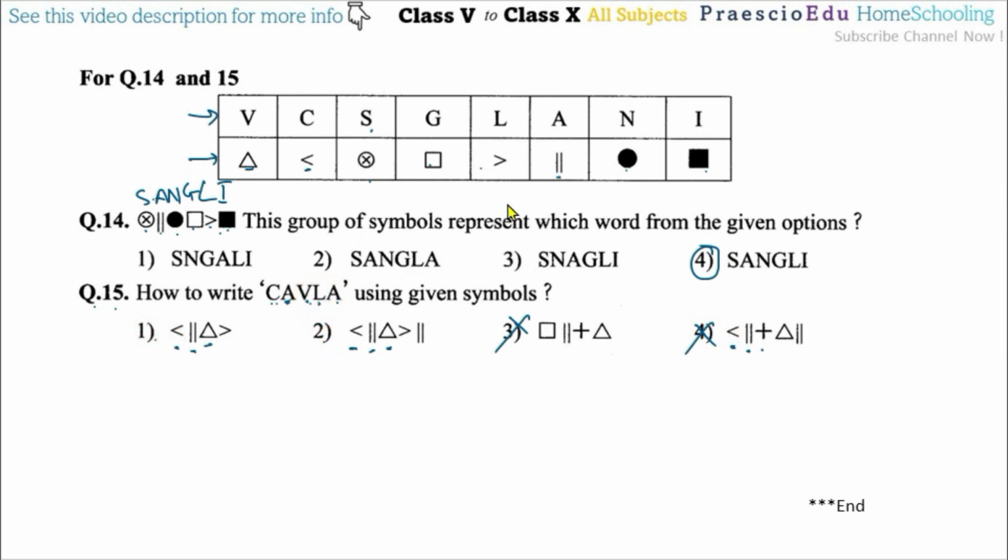Then L means this greater than symbol, given in this option and here also, but after this, A is also mentioned. A means these two lines, but here it is absent, so option number 1 is incorrect. So option number 2 is perfectly given, so option number 2 is correct for question number 15.